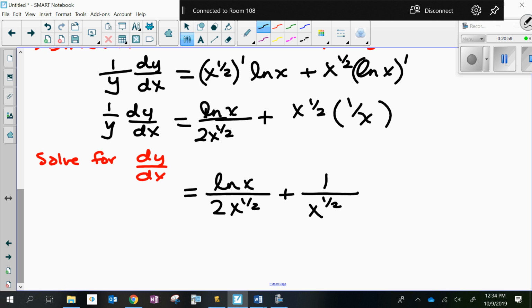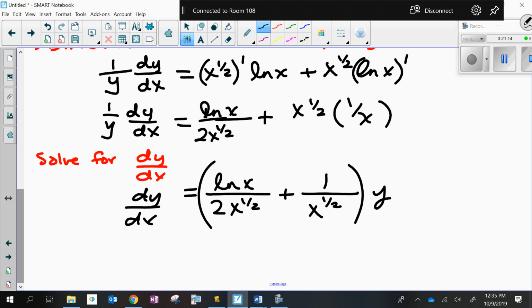Now, if I get dy dx up on the left, what's going to happen to 1 over y? Multiply by y. Yes, because to divide by a function, right.